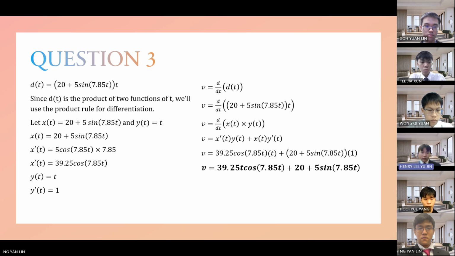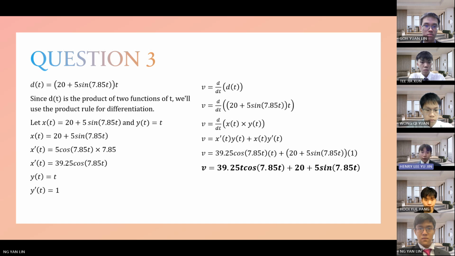So, x(t) equals 20 plus 5 sine 7.85 t, and x'(t) equals 5 cos 7.85 t times 7.85. Hence, x'(t) equals 39.25 cos 7.85 t. Let y(t) equal t. Hence, y'(t) equals 1.